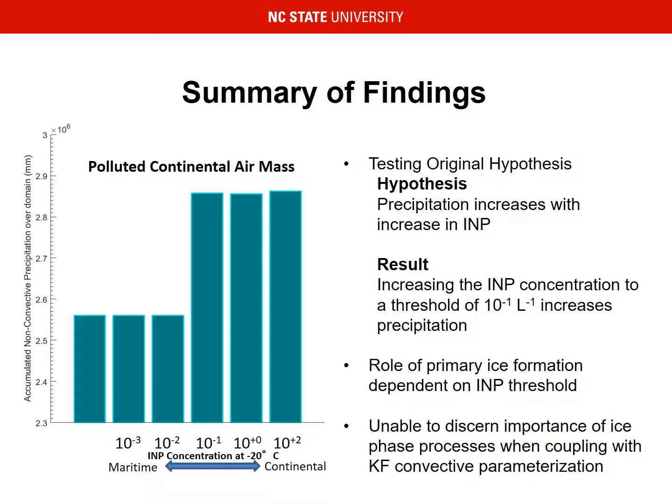So going forward, if one wants to discern the importance of the cold phase microphysical processes, one must not couple it with either Kain-Fritsch or even the other CP schemes that actually produce ice in the system. This is something that should be addressed going forward, since Kain-Fritsch and other CP schemes are useful, but if they're providing too much ice, where the cold phase microphysical processes are essentially useless and don't contribute, that's something that should be addressed.